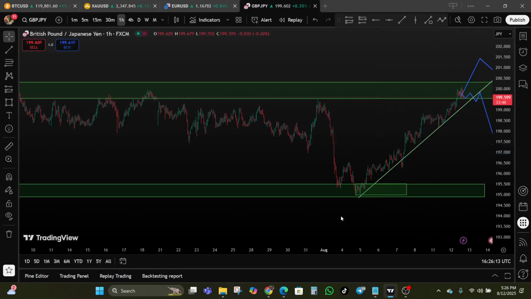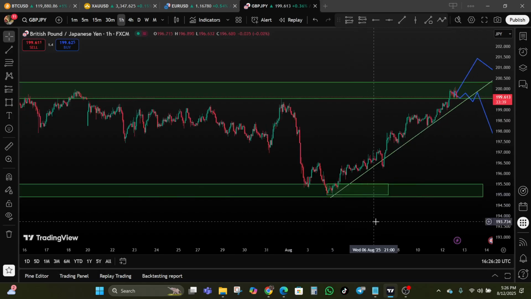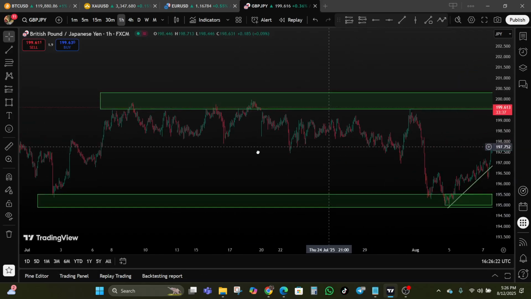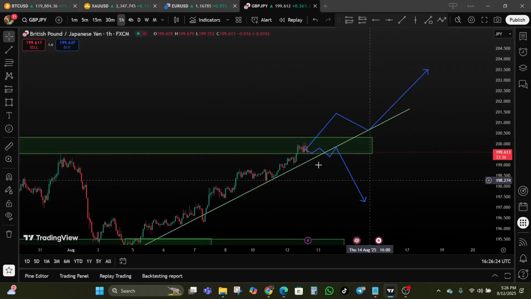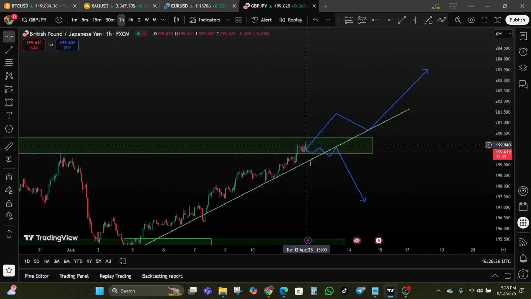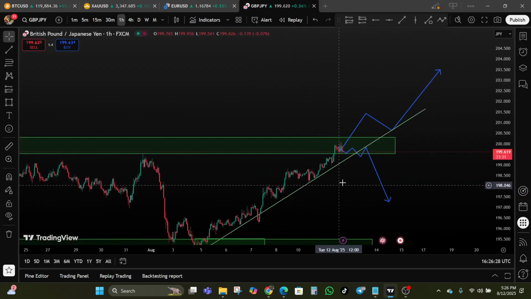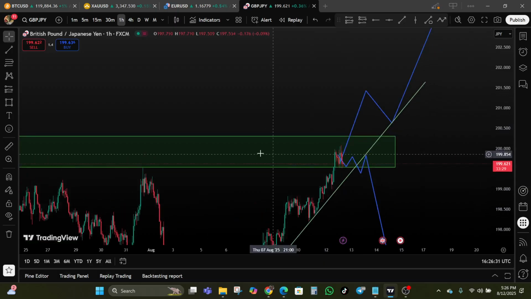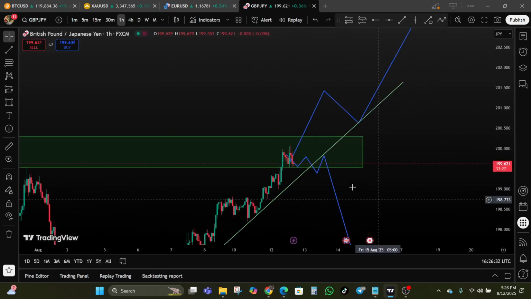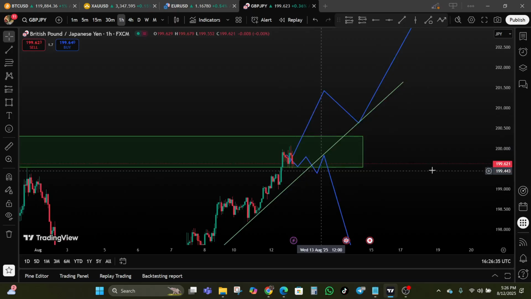Okay, always wait for confirmation before entering your trade, because this could be a candlestick pattern. Like I mentioned, probably around here now, since this is where price is currently. If we are going to have this zone respected, we need to wait for a bearish candlestick pattern.